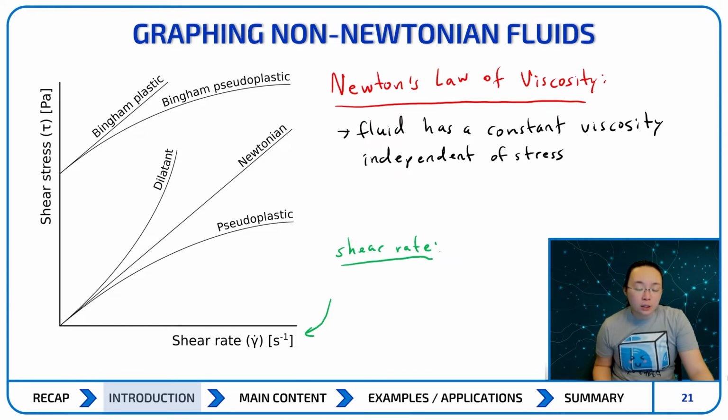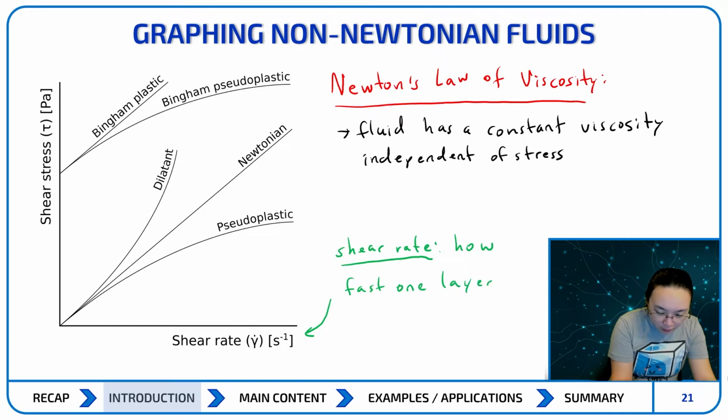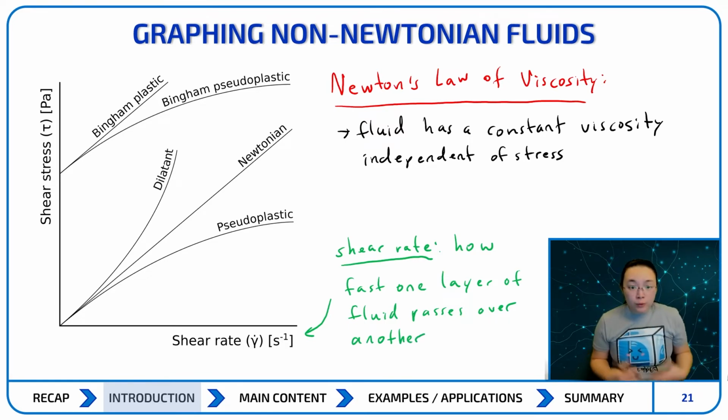The shear rate is essentially its velocity, so how fast one layer of fluid passes over another. So we use this as our x-axis, which is the velocity, in other words. Then on the y-axis, you have the shear stress to represent how much shearing stress there is as a function of the shear rate.